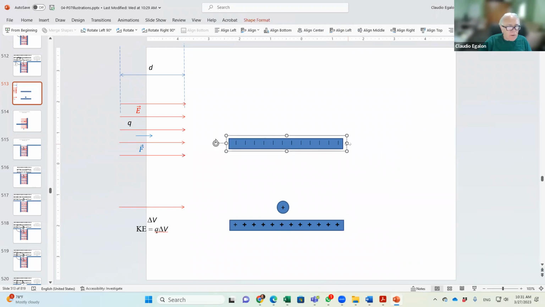This one has an important difference, okay? It has a hole here in this plate.